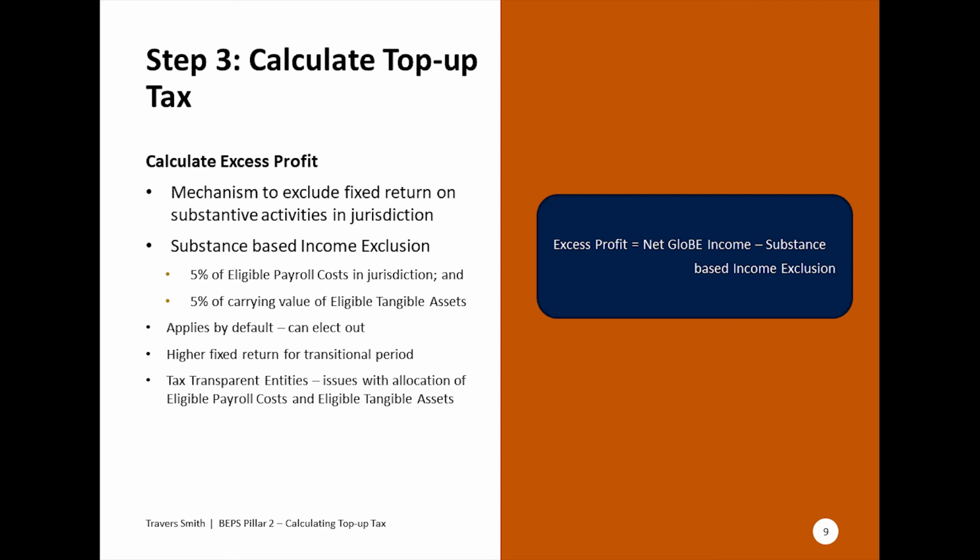The eligible payroll costs and eligible tangible assets can be reallocated to that owner, but only if the owner is in the same jurisdiction as the employees and the tangible assets, which may not be the case. If it can't be reallocated, then those costs and that carrying value are excluded from the substance-based computations for the MNE group.